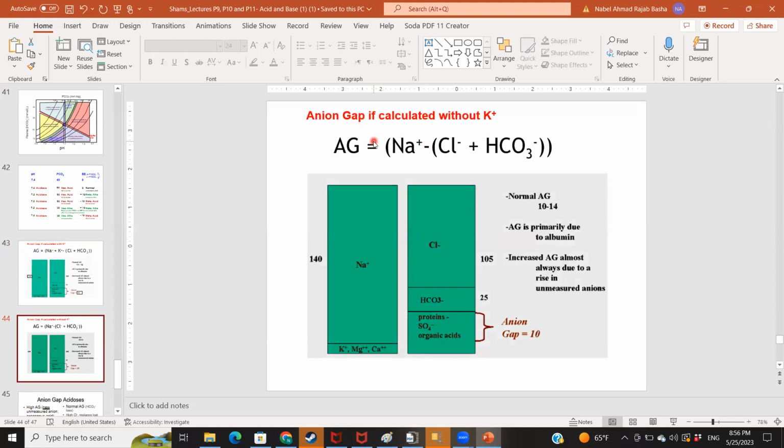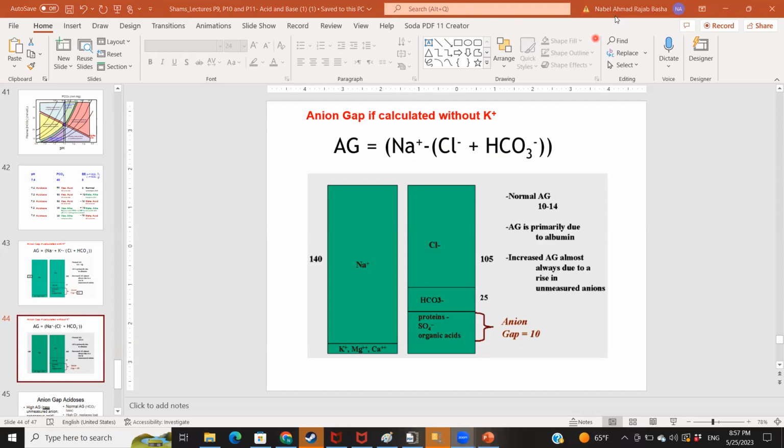It means that sodium is much higher than chloride plus bicarbonate. This is a high anion gap metabolic acidosis. If the difference between sodium and chloride plus bicarbonate is not high, this is a normal anion gap metabolic acidosis.